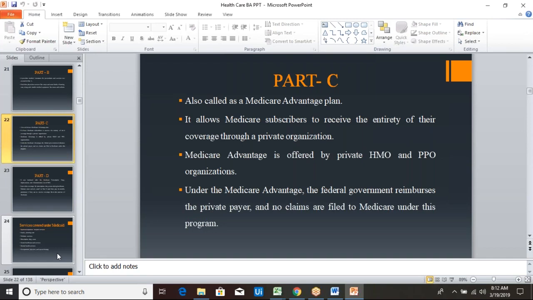So this is between two parties: one is the CMS payment system, the Centers for Medicare and Medicaid Services, and the second is private payers. It is a combination of both. This is what the Medicare Advantage plan under Part C is.